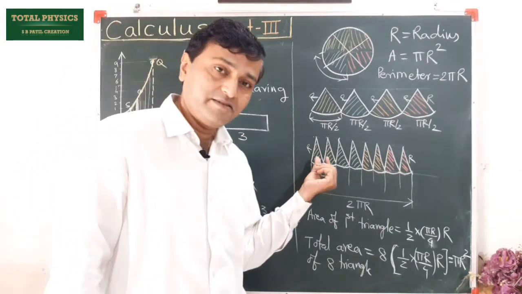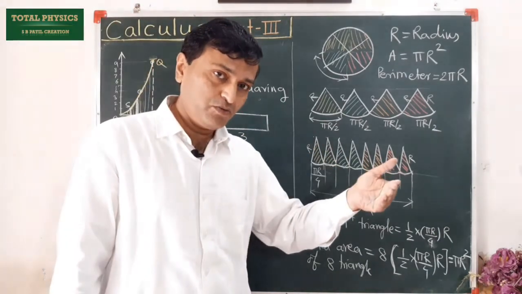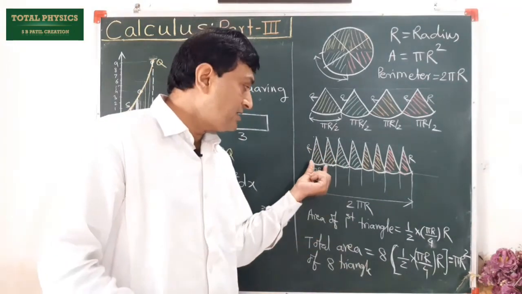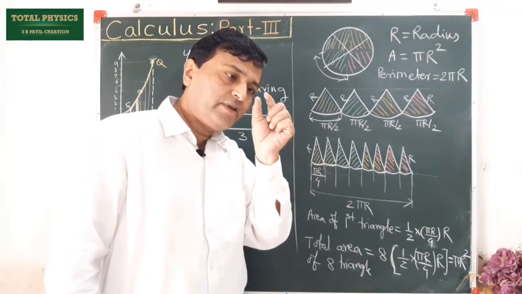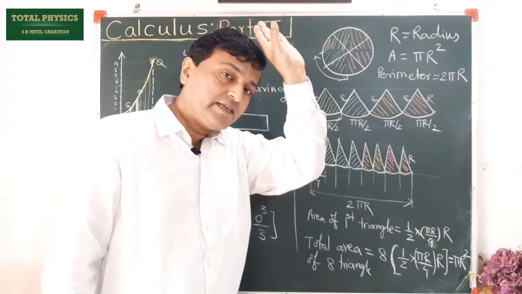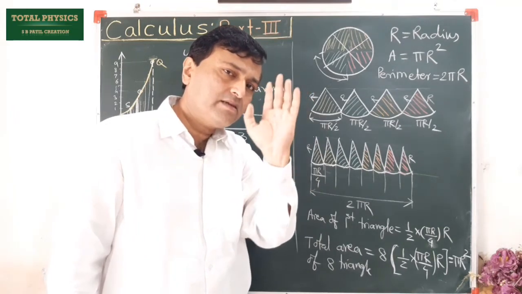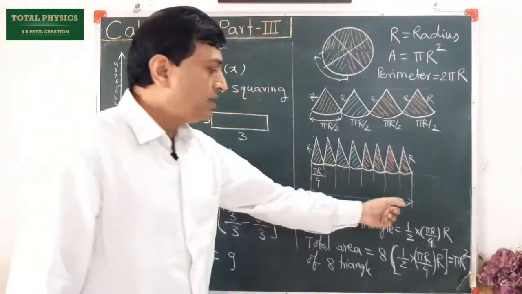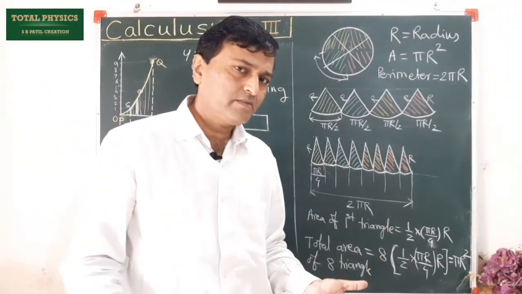If you are increasing the triangles and tending to infinity, it means you are decreasing this arc to infinitesimally small. That's why you can say that the arc is not an arc, it is a straight line. And if it is a straight line, then the total length is 2 pi r, no problem.